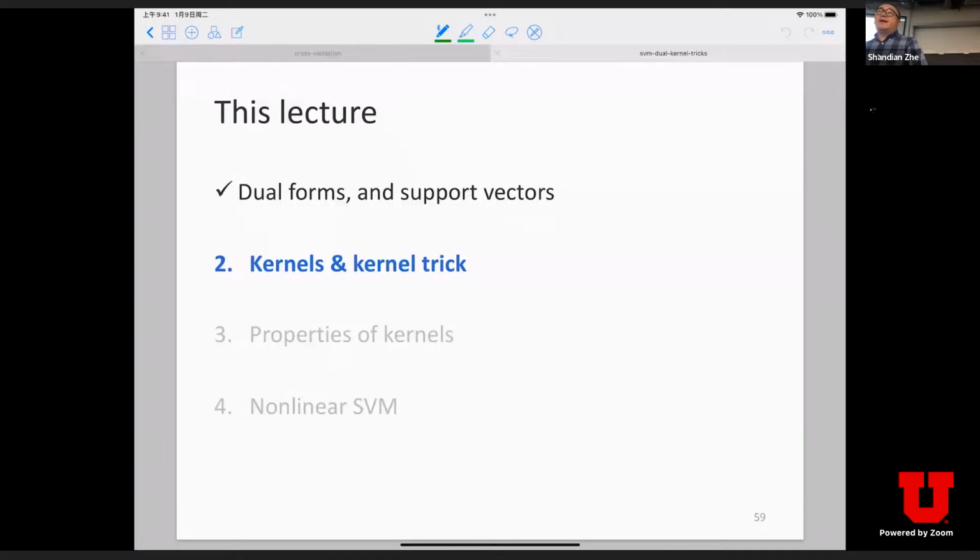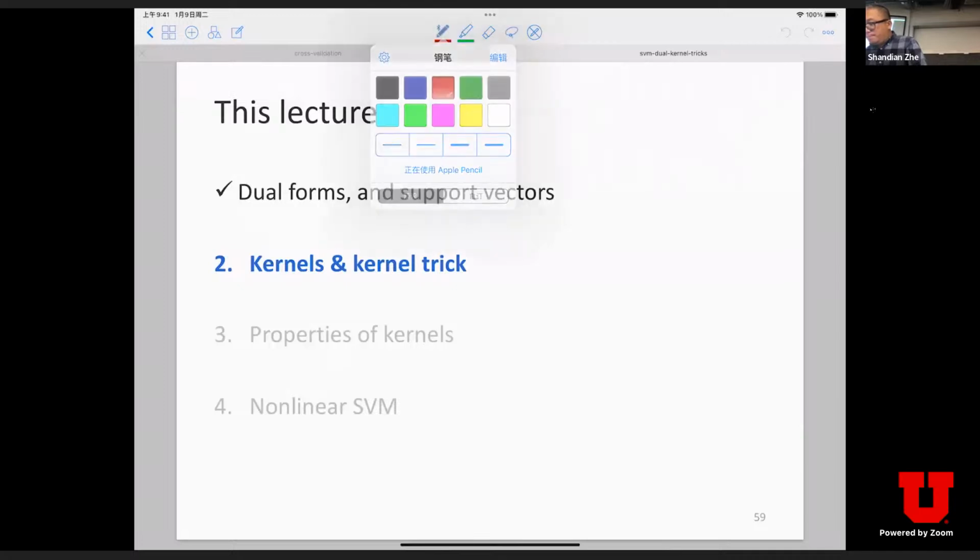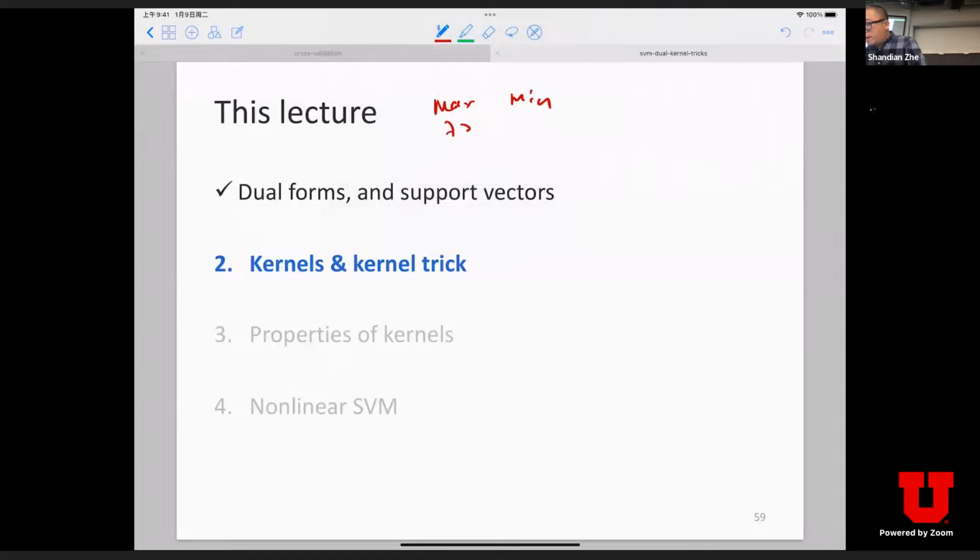Then we can simplify the dual form, right? Because this dual form is a max min optimization problem, with W and some Lagrange function, right? So we can just fix the outer level, the Lagrange multipliers, and then solve the inner minimization problem.